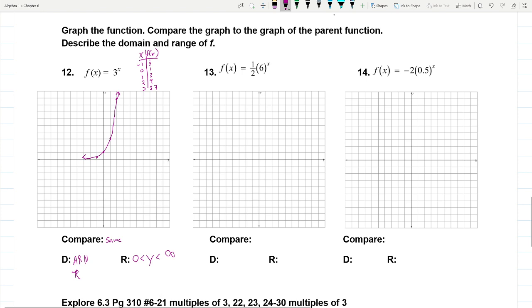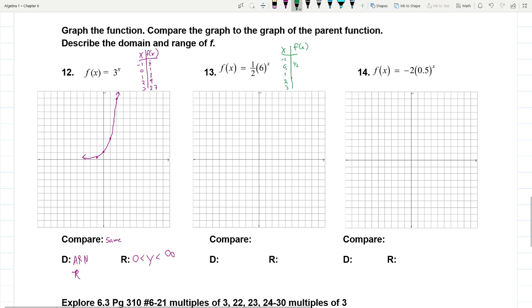All right. If we do the next one, if I do an x, y of this one, maybe I'll change colors for us. I'll choose the same numbers, so negative 1, 0, 1, 2, 3. If I plug in 0, I get 1/2.